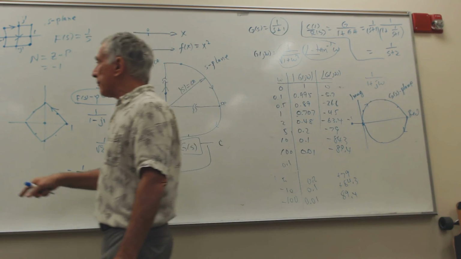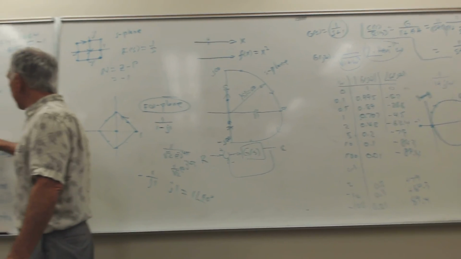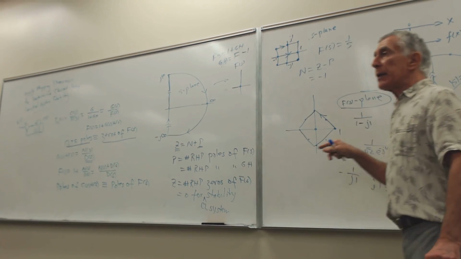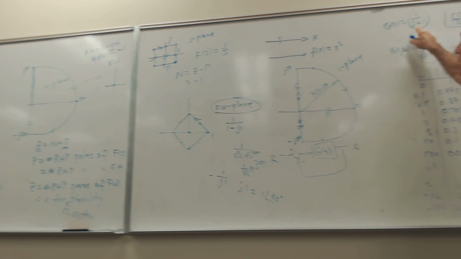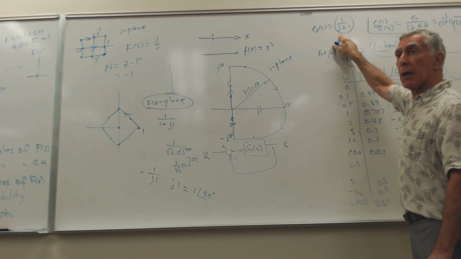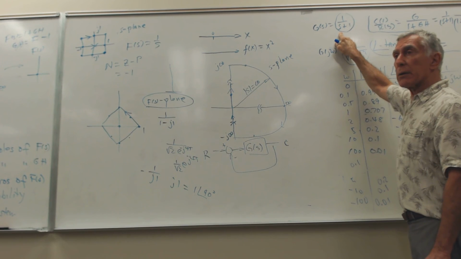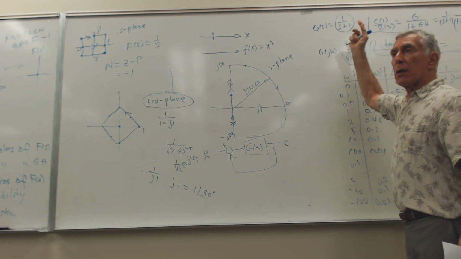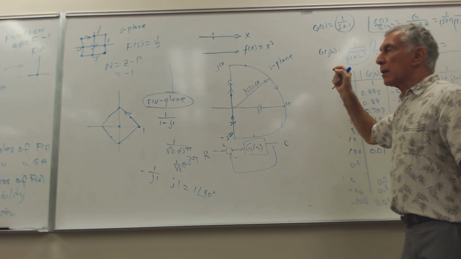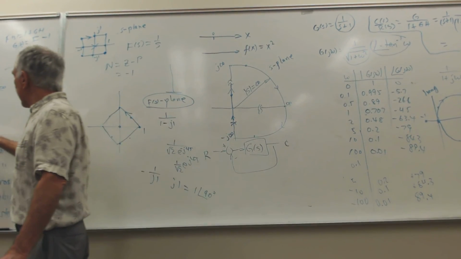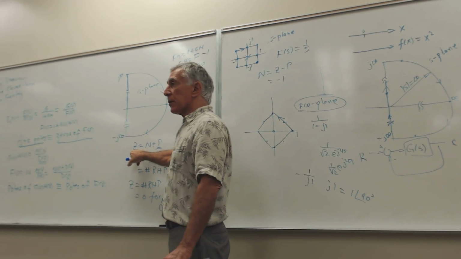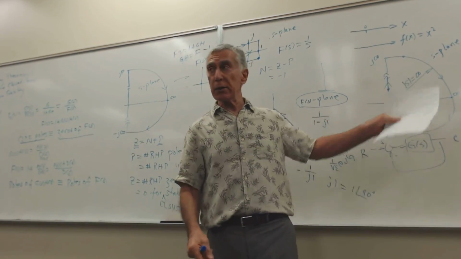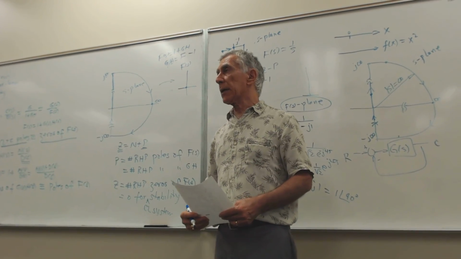And if N is 0 and P, the number of right half plane poles of GH, how many right half plane poles of GH do we have, if any? Are there any poles of GH in the right half plane here? No. So P is equal to 0. So P is equal to 0, N is equal to 0, therefore Z is equal to 0. And therefore this system over here is stable. Okay.